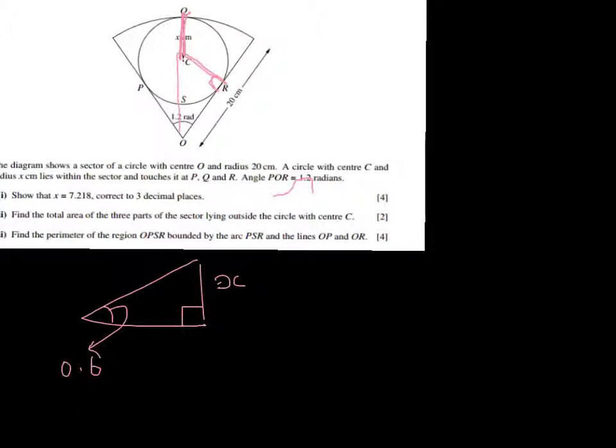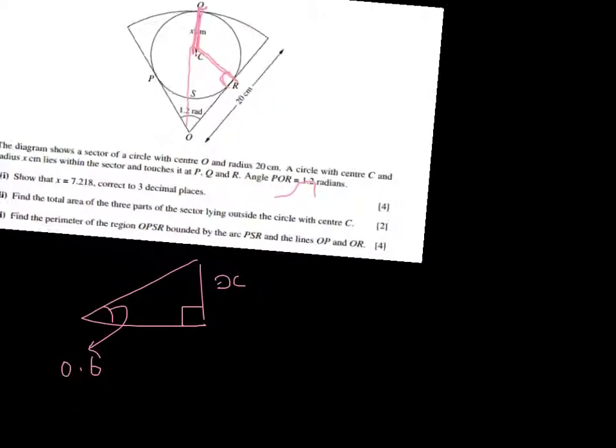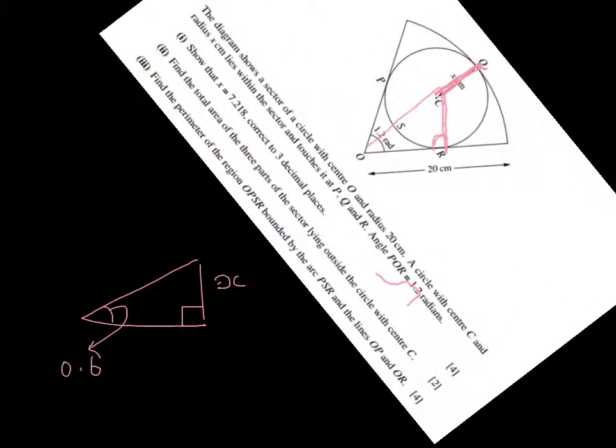The only other numerical information I have on this diagram is that the whole length of this radius of the big sector is 20 centimetres. Now, I'll just rotate this back around again over here. I can't assume that R is halfway along. They haven't told me that R is a midpoint, and there's no other kind of rules that would make me think it's a midpoint. So I can't do that.